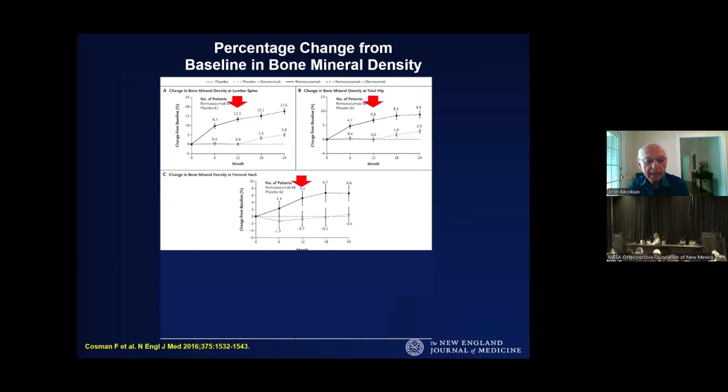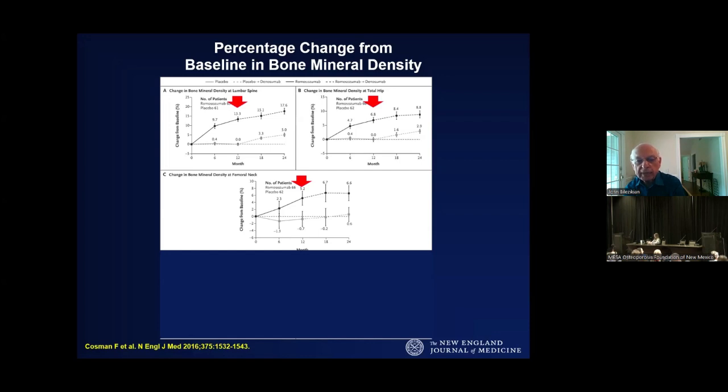And impressively, I'm always amazed by this whenever I see this slide, a 13.3% gain in lumbar spine bone density after 12 months. And you'll see it's reproduced in another study. A major increase, of course. The hip never increases bone density to the extent that the lumbar spine does, which has to do with the fact that the lumbar spine is metabolically much more active because it's more enriched in trabecular bone than is the hip region.